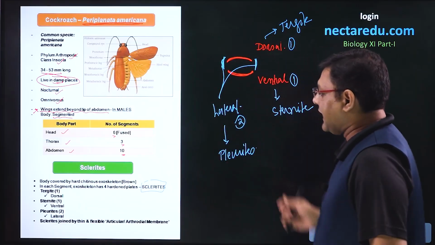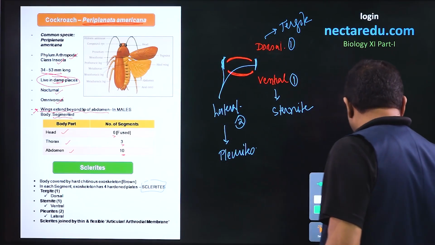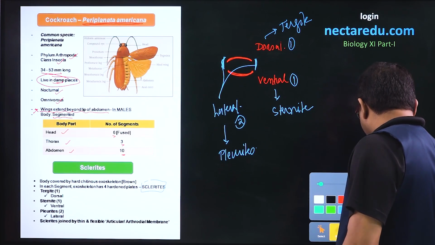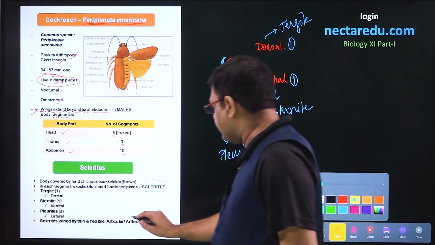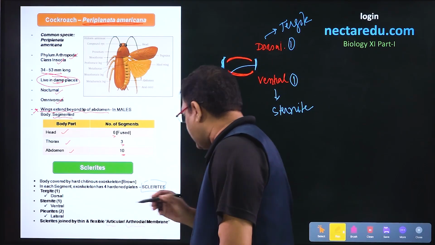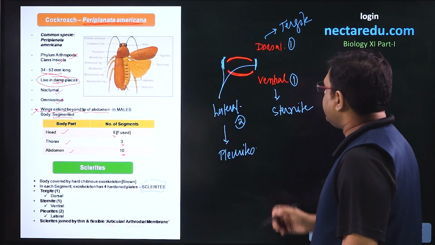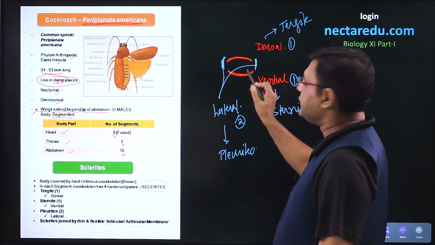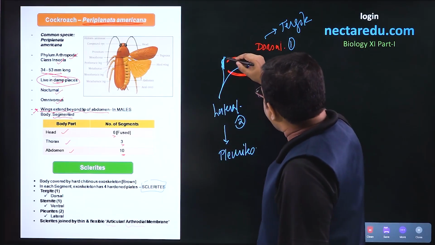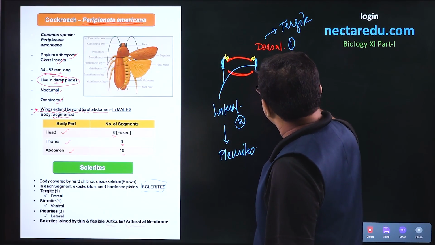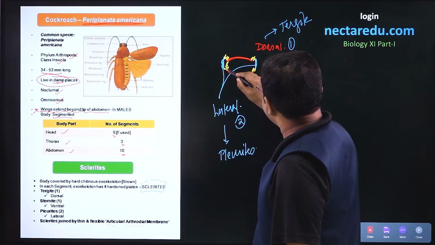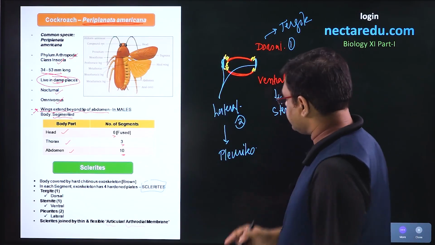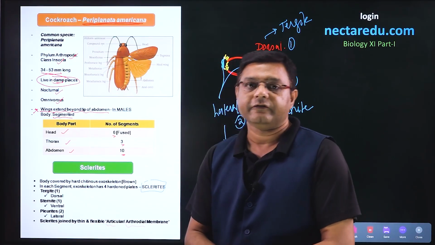Now these sclerites are joined by a membrane, and that particular membrane is called articular membrane, or we can call it arthrodial membrane. If we see in this particular diagram, then these 4 sclerites are there, and arthrodial membrane will be joining these different structures. So this is the description of sclerites.